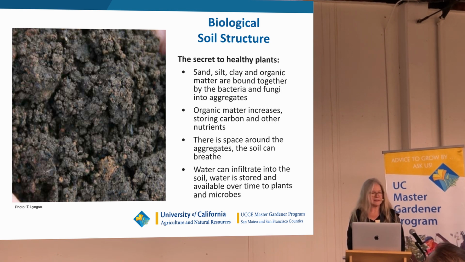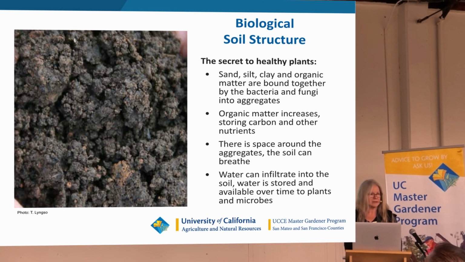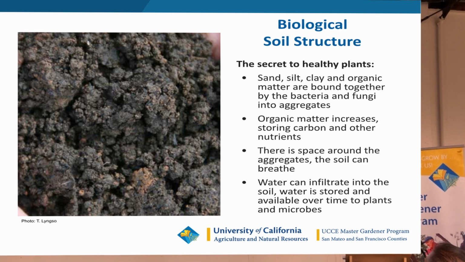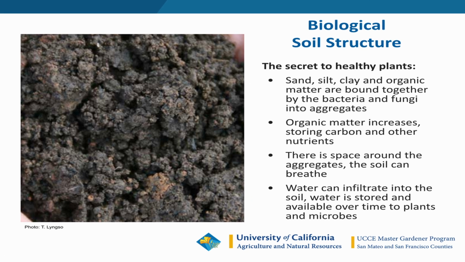So I think you can see how the soil is kind of bound together, and then you can see all that open space where air and water can move into the soil. And that water can be stored over long periods of time. So in California, in our drought climate, this is really, really important. So if you have good soil structure, then less irrigation is needed, which is really important.